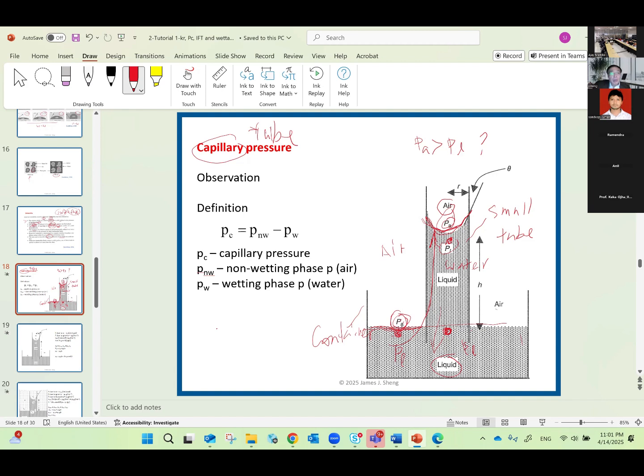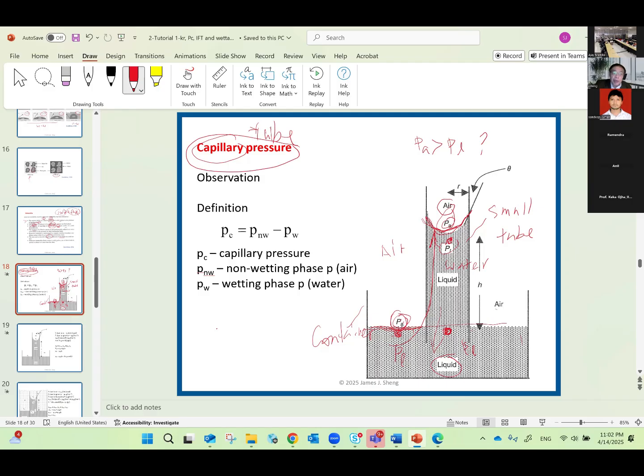And later on, we're going to talk about this more. I'm going to come back to explain why the pressure is different at a curved surface, but for a flat surface, the pressures are almost the same. Okay. Before that, let's define what capillary pressure is. Because we have a difference in the pressures at the two sides of the curved surface, right?